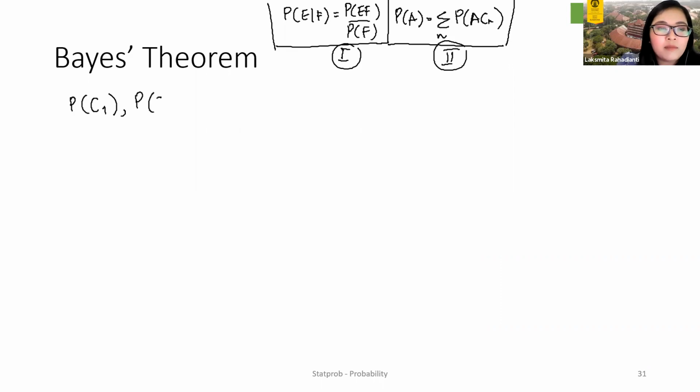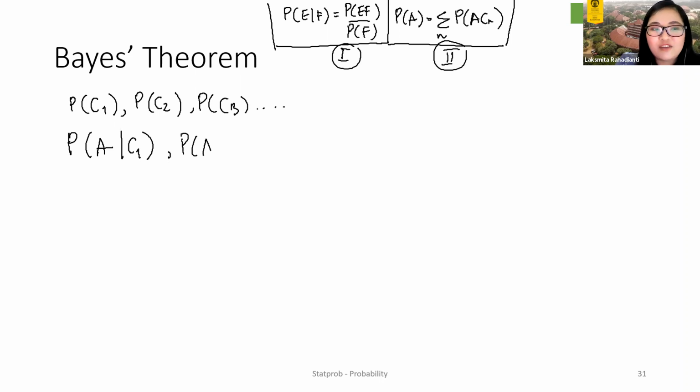I know the probability that it rained yesterday. I know the probability that it rained 2 days ago. I know the probability it didn't rain. I know all of these probabilities, C3 and so forth. And I also know the probability of it raining today, given it rained yesterday, the probability of it raining today, given it rained 4 days ago, and so forth, until we get to the probability of A given C_n.